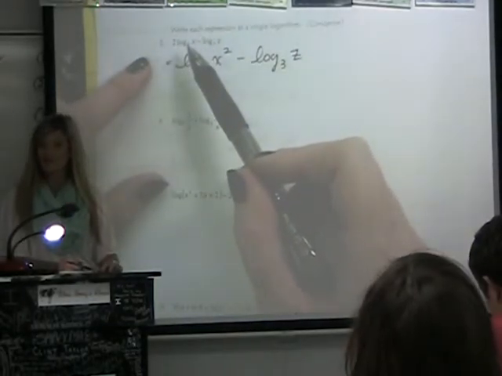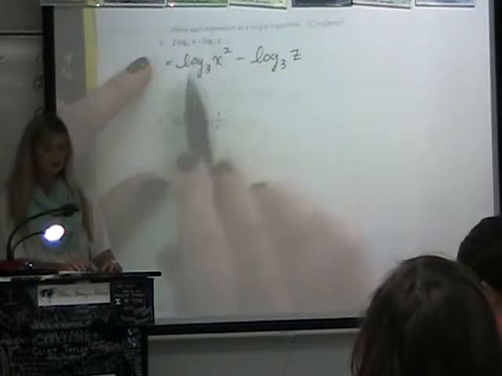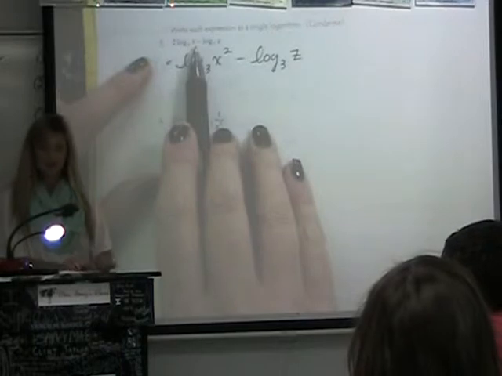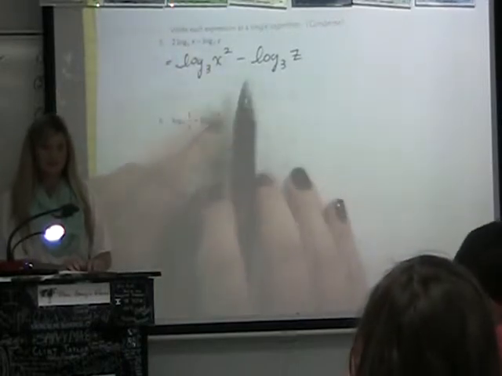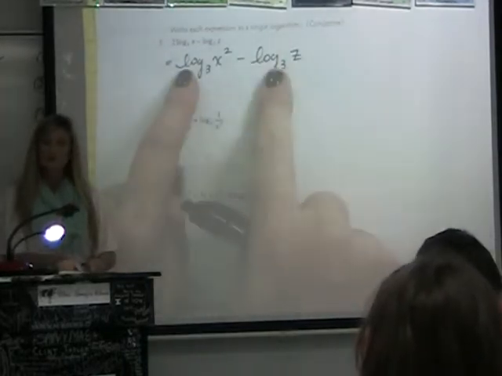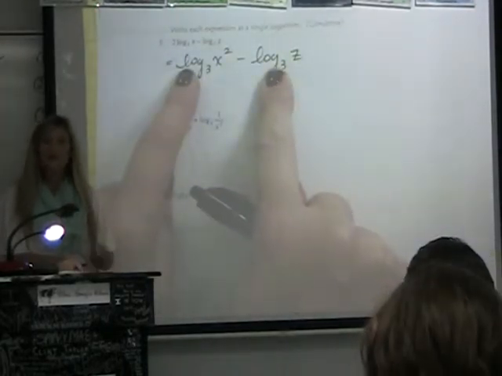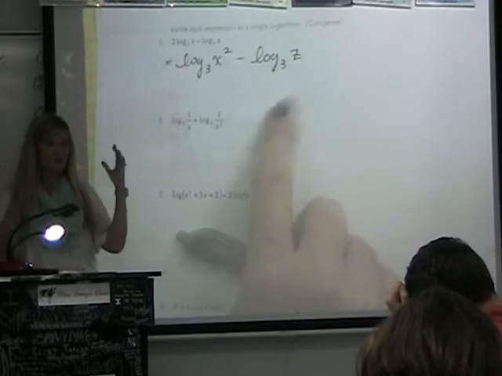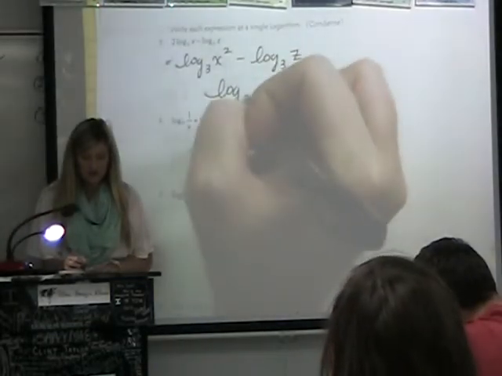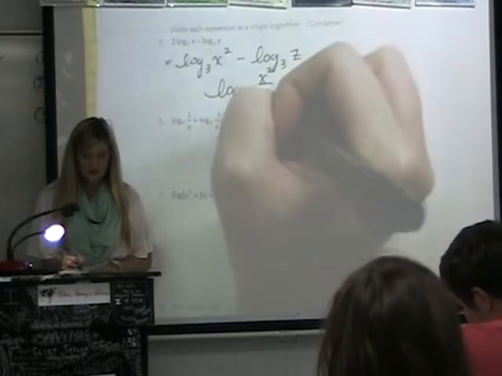I want to do that first because the only thing being multiplied by 2 is the log base 3 of x. Then I'm going to change my subtraction to division. When you go from subtraction to division, you'll go from 2 logarithms down to only 1 logarithm when you condense in that direction. So it's going to look like log base 3 of x squared over z.